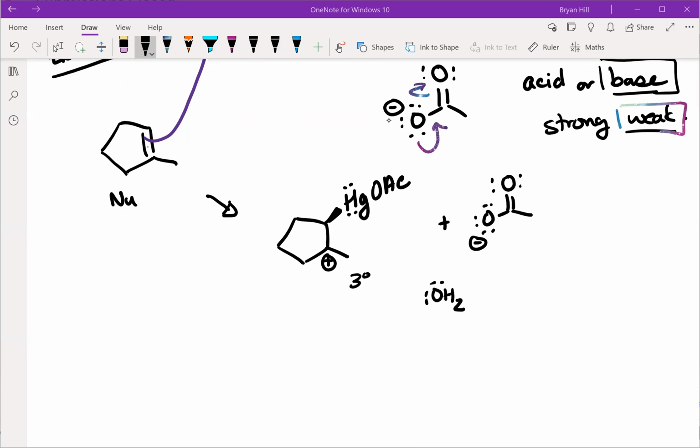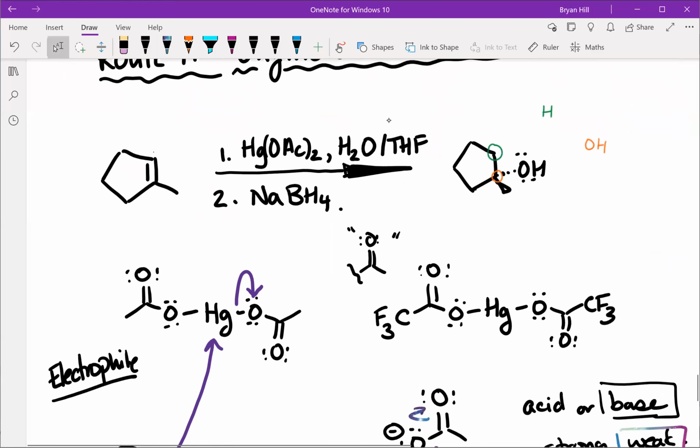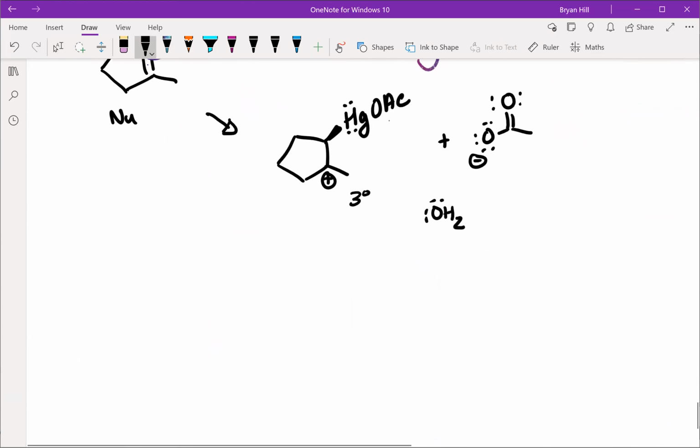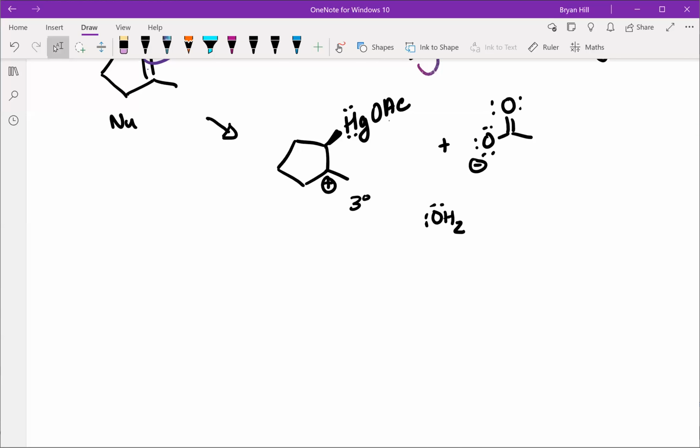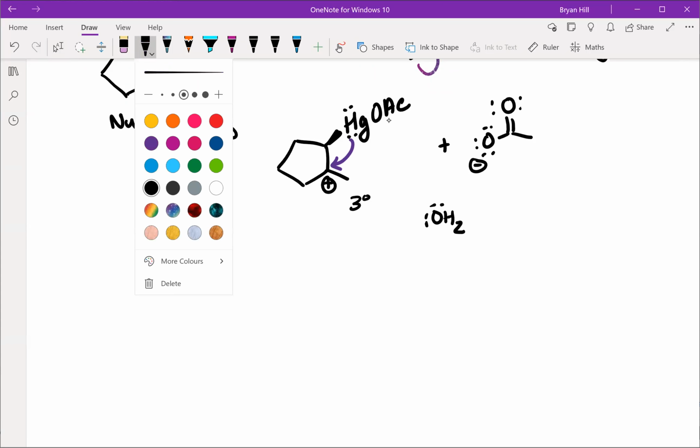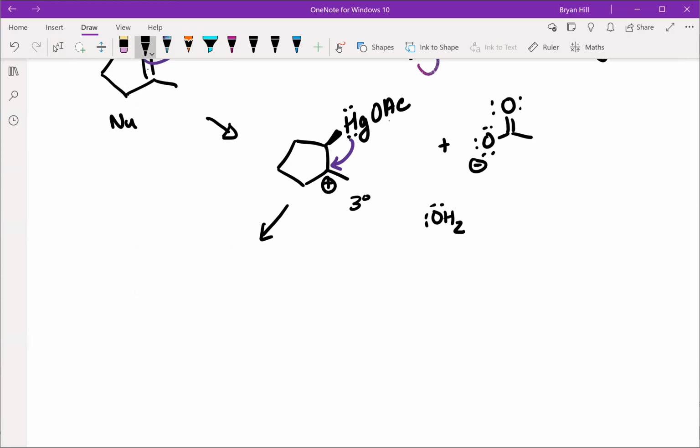What we need to do is have our OH group come and attack the most substituted carbon. But as I said last class, who can touch your feet faster, you or somebody else? So the first thing which actually happens is that the mercury can come in and make a three-membered ring sort of structure that looks like this.